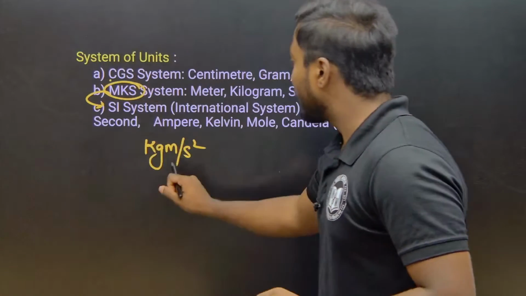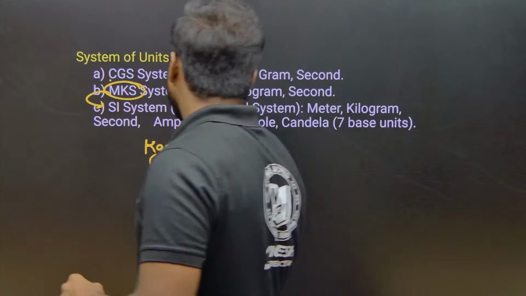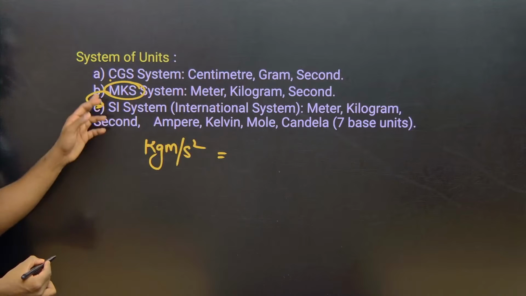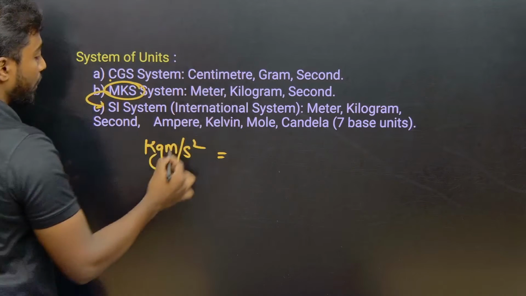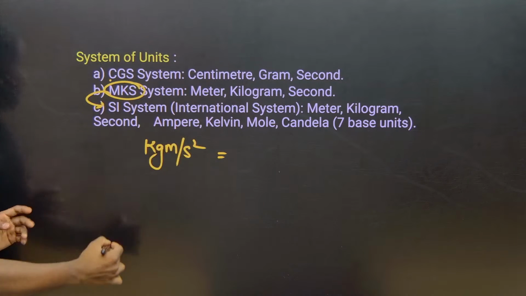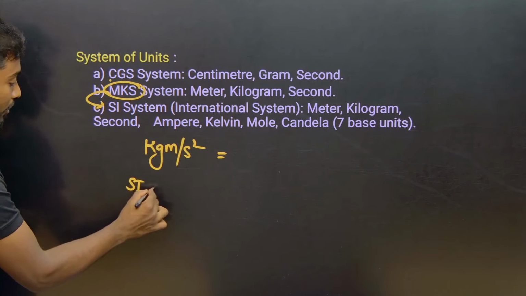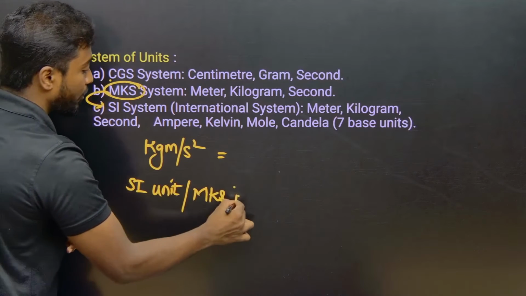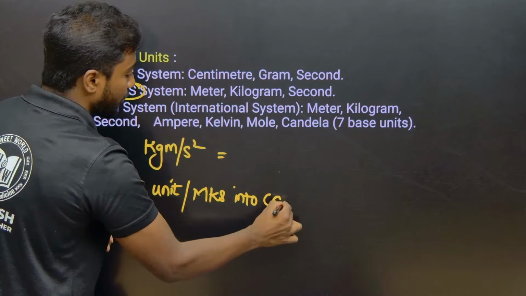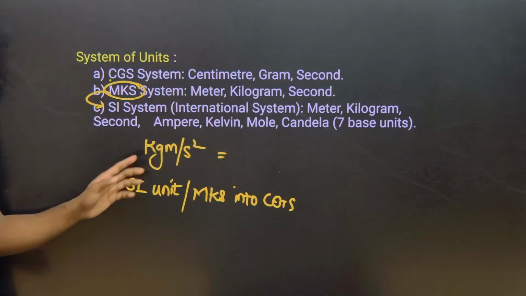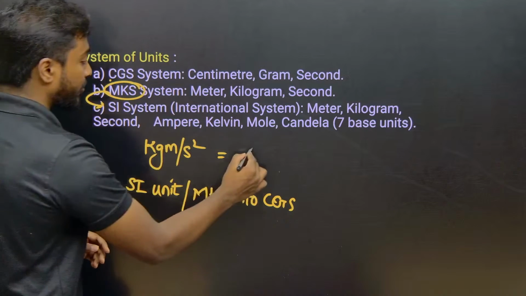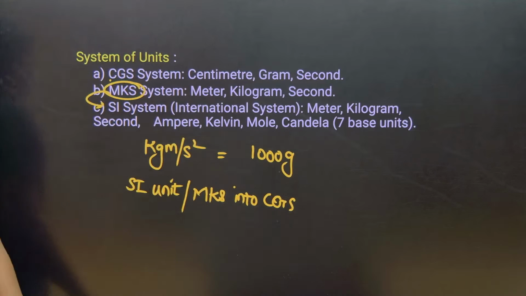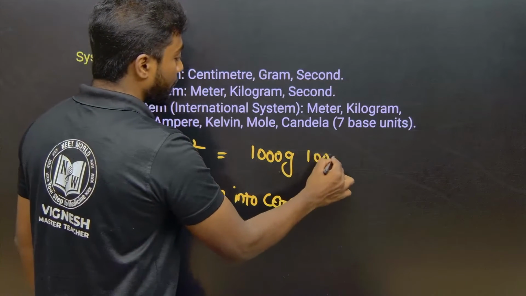If I want to convert, how can I convert? Convert 1 kilogram meter per second square, that is SI unit or MKS unit, into CGS. I need to convert it. 1 kilogram, 1000 grams. 1 meter, 100 centimeter.